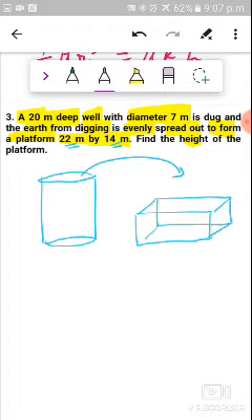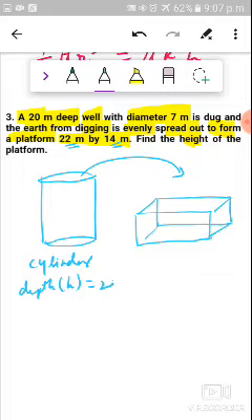Okay, right? So for cylinder we know the depth, that is the height of the cylinder, is given 20 meter, and the diameter of this well is 7 meter. So we can write the radius is 7 by 2 meter.